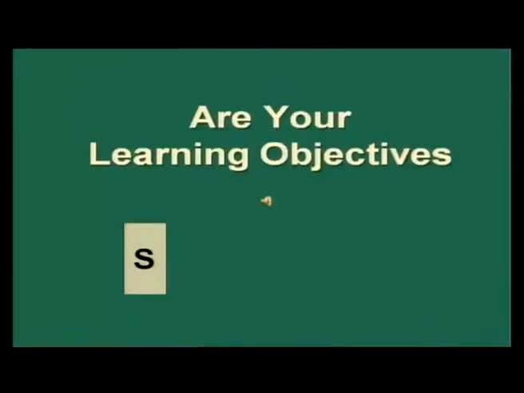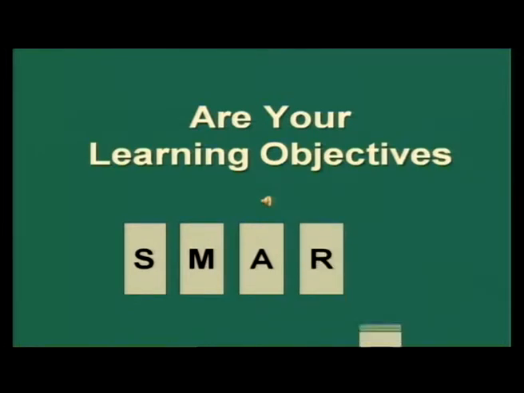Now, many a time in the literature it says that learning objectives should be SMART. If you read the literature, they say how your learning objectives should be: they should be SMART.